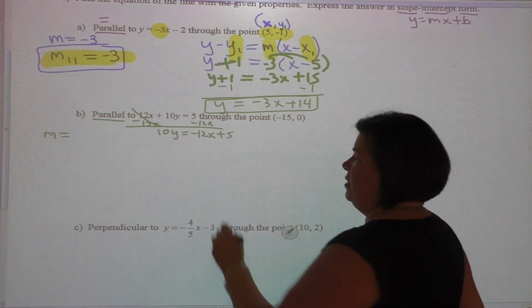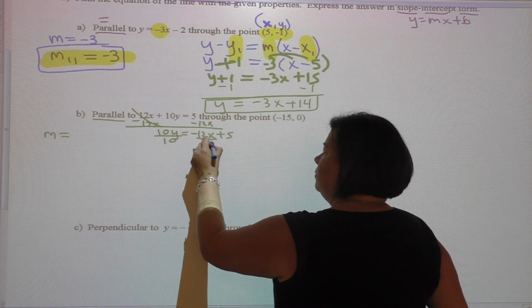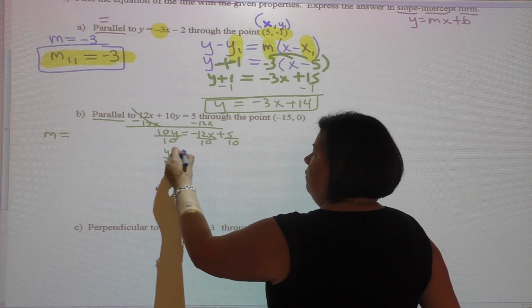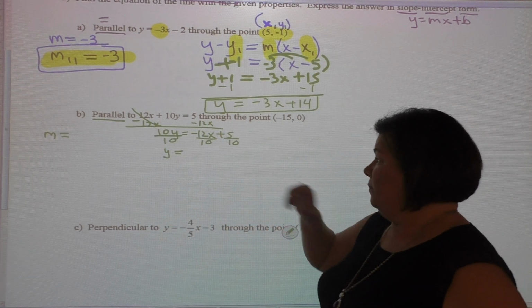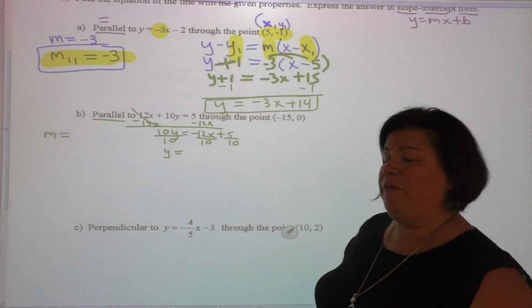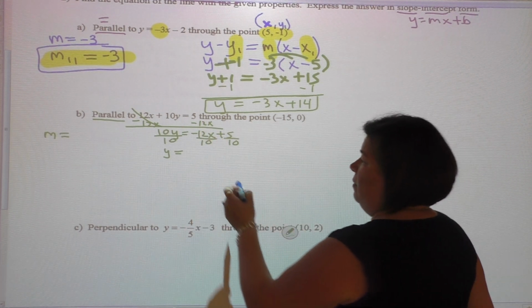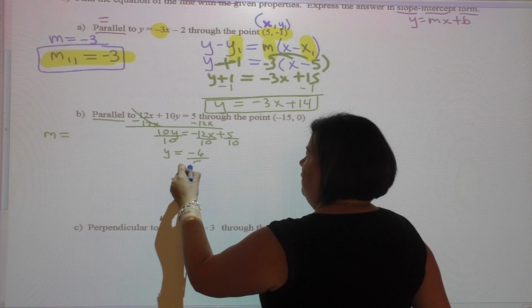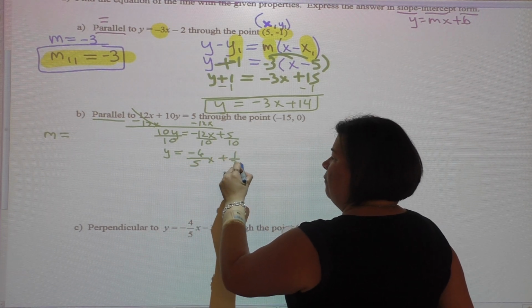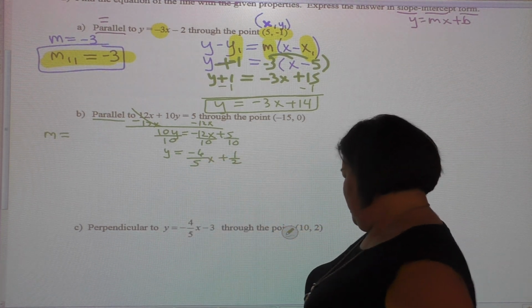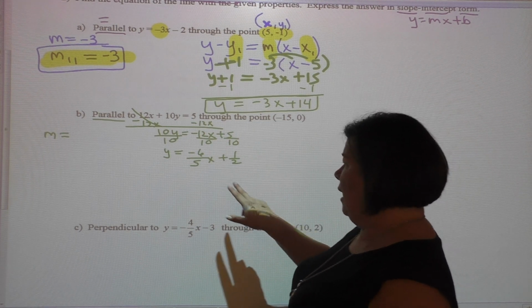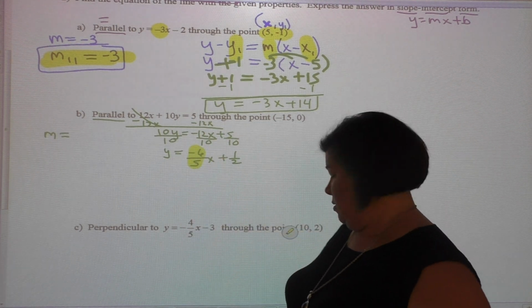I'm going to divide every single term by 10. So y equals, now this can be reduced by a factor of 2, so I'm going to get -6/5 x plus 1/2. So the slope of the original line is -6/5.